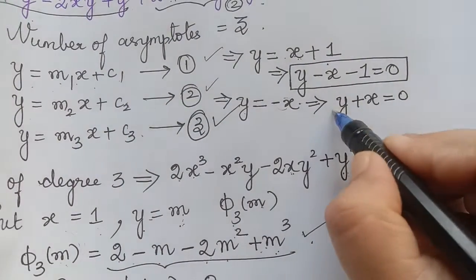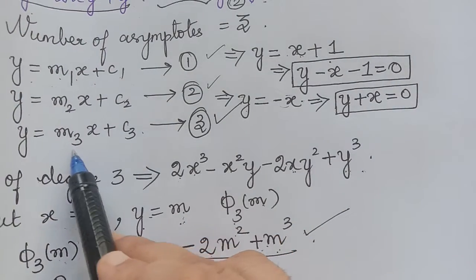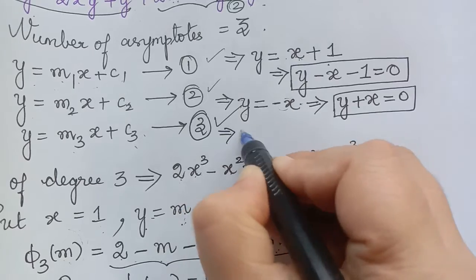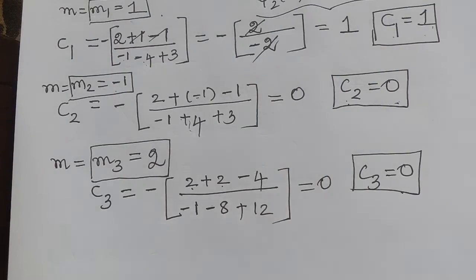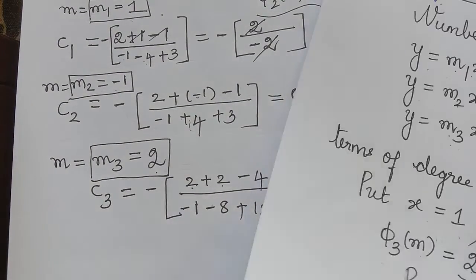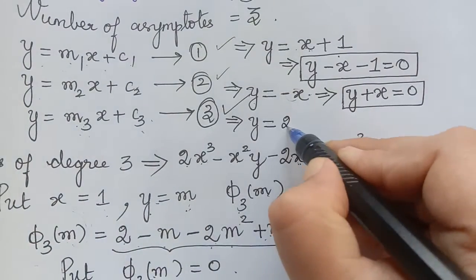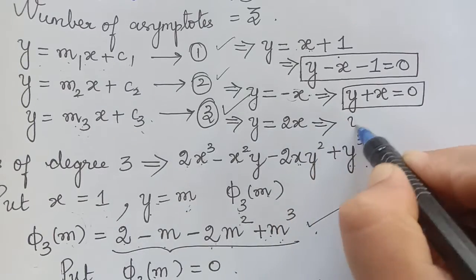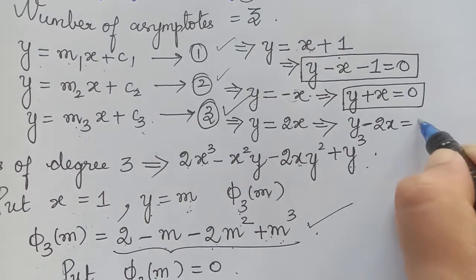So this is the second equation of the asymptote. And the third equation is obtained from y equal to m3x. What is m3? m3 is 2, and the corresponding value of c3 is anyway 0. So when you substitute the 2, you get 2x, and c3 is 0, so we need not write. So taking this to the left, y minus 2x is equal to 0.